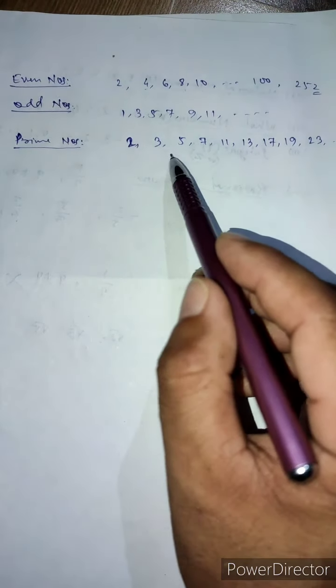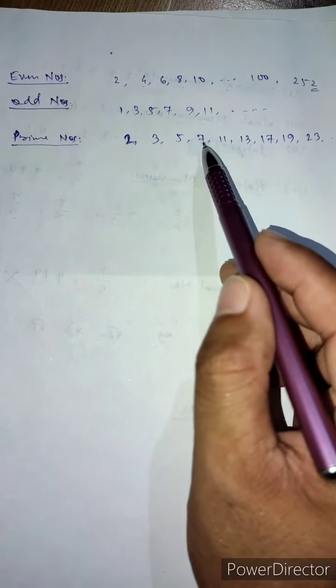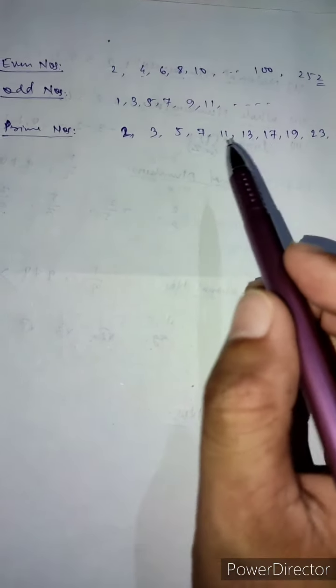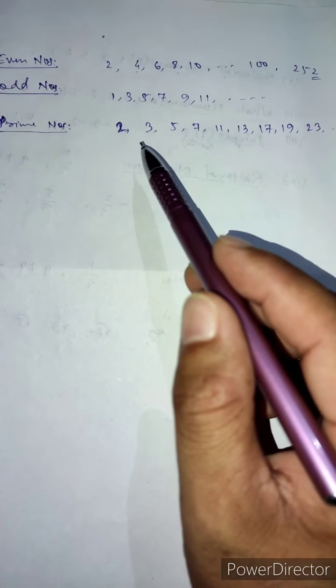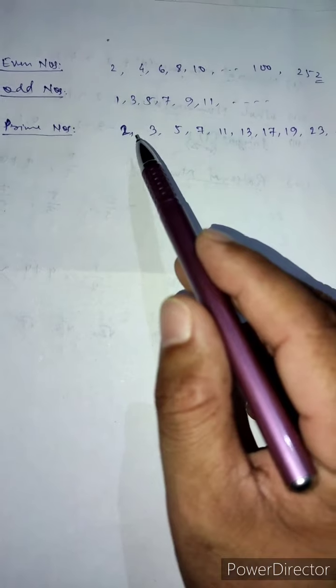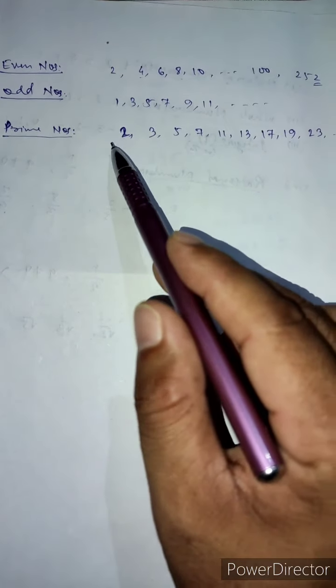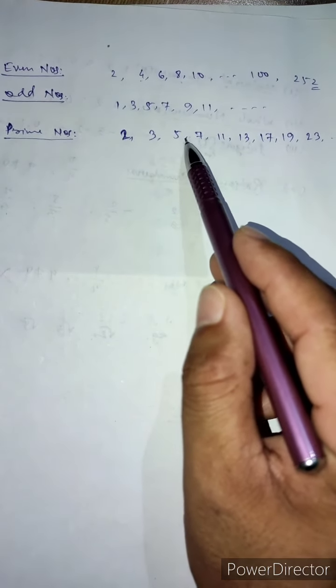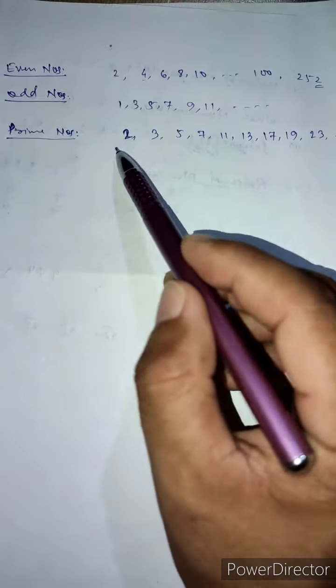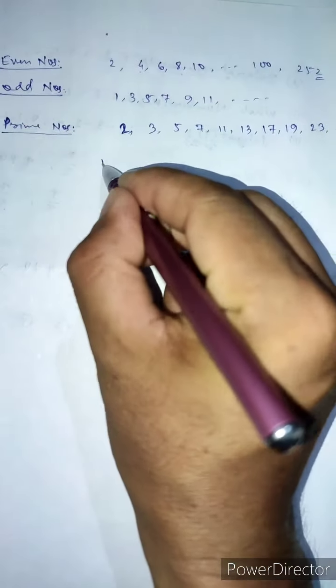I have written some prime numbers here: 2, 3, 5, 7, 11, 13, 17, 19, 23. So by the definition, the numbers which have only two factors, 1 and itself, are called prime numbers. For example, 2 has only two factors, 1 and 2.